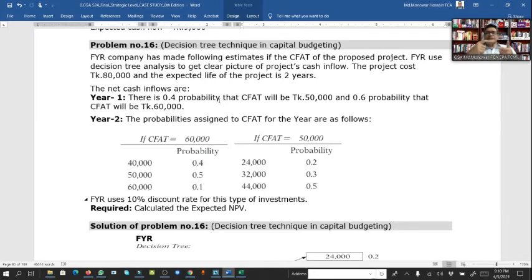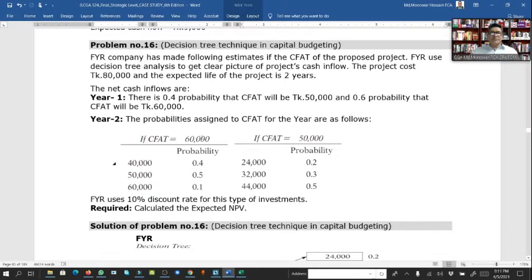So in the first year, two cash flows may come, with probabilities 0.4 and 0.6, which sum to 1. In the second year, probabilities are assigned to the 50,000 and 60,000.